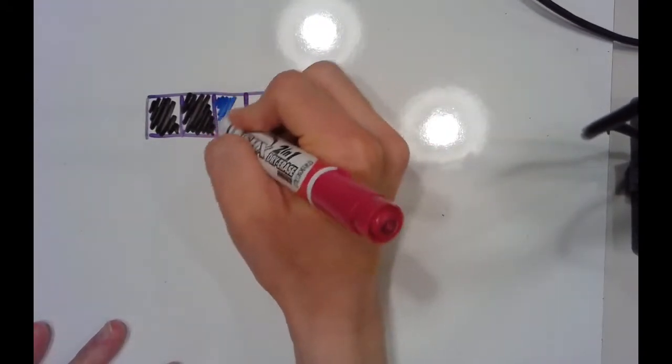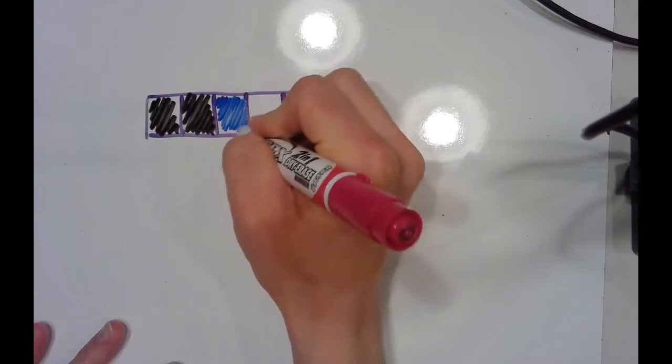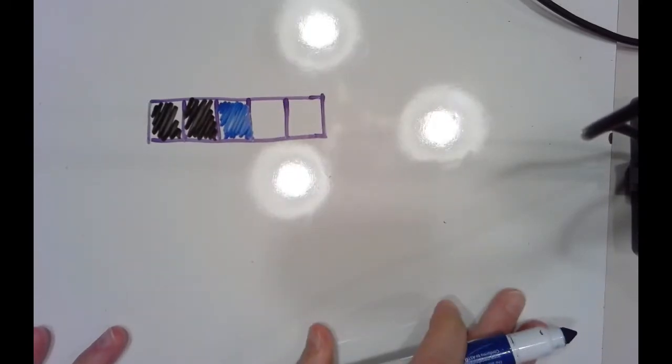So this is going to be how much I ate. And I want to know how much of the candy bar we ate in all. So I can add together the fractional amount that Mr. D'Alessandro ate and the amount that I ate to see how much we ate in all.